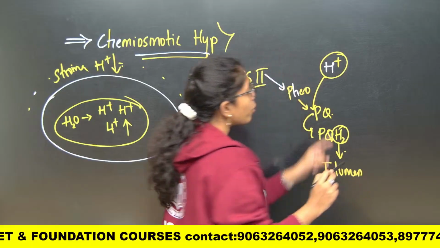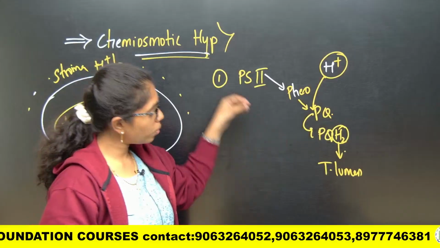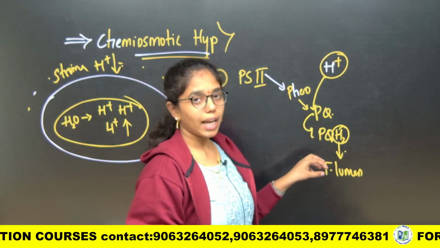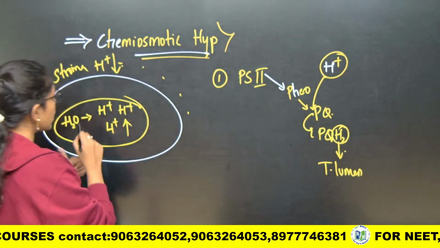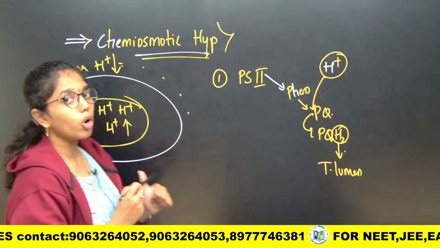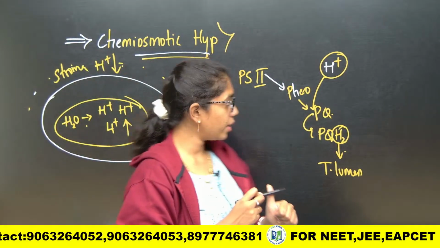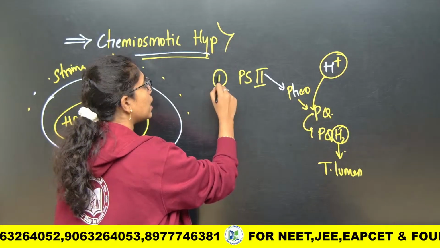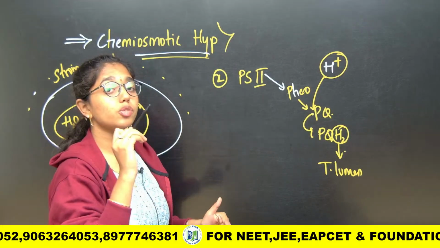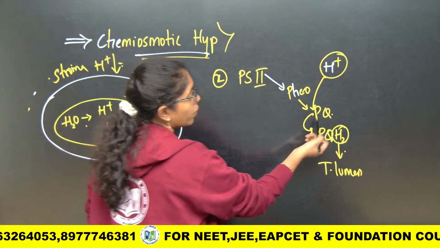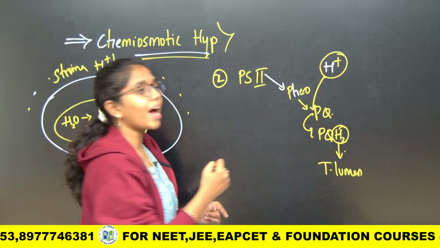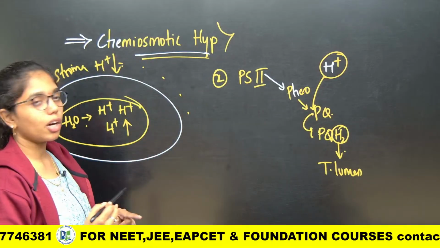As such, protons are taken from the stroma and given to the thylakoid lumen. The very first thing is, due to photolysis of water, more protons are present inside the thylakoid lumen, and the second reason is, during the electron transport chain from plastoquinone, again protons are grabbed from the stroma to the thylakoid lumen.